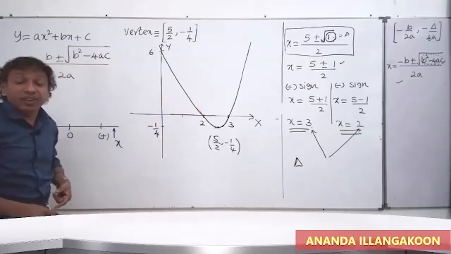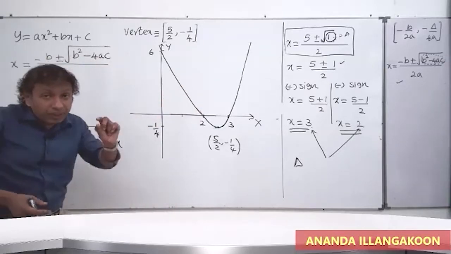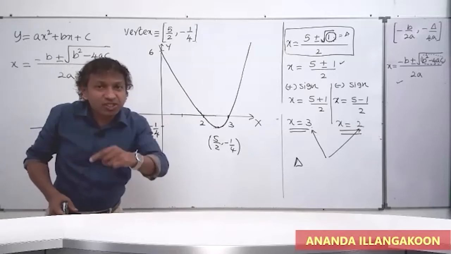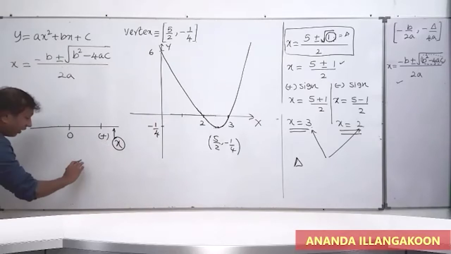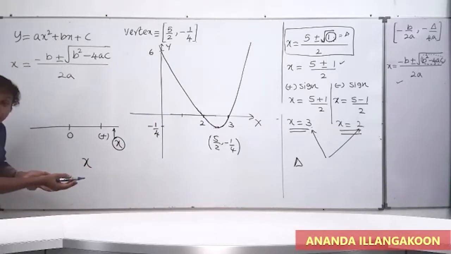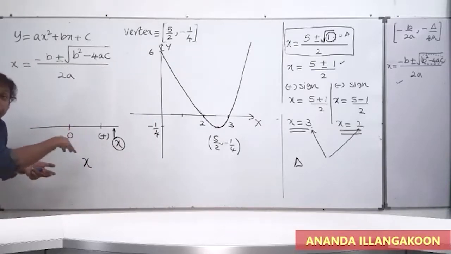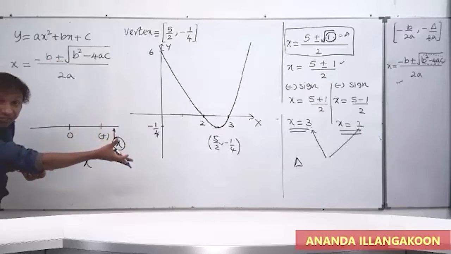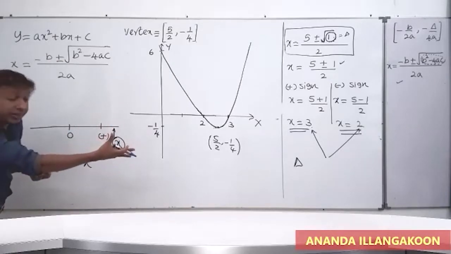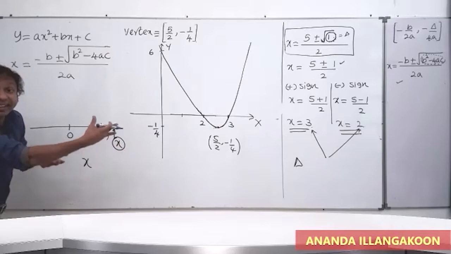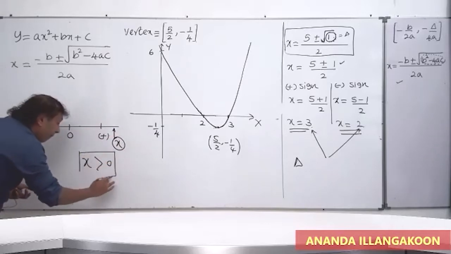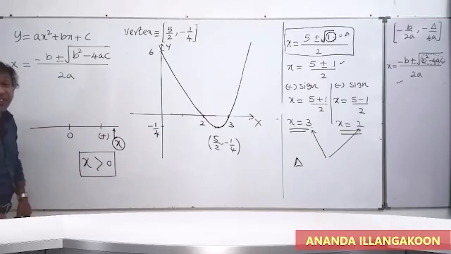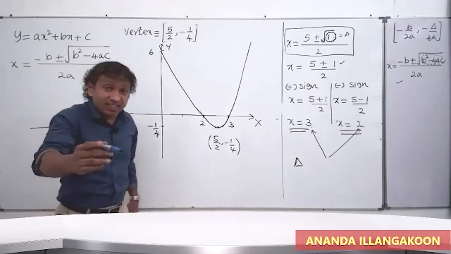So therefore, people, if we need to write that a particular real number is positive, what's the best method? The best method is, people, taking that real number as x. Since it is positive, it should lie on the right-hand side of 0. Any number on the right-hand side of 0 is greater than 0, so x greater than 0 is the way to say that x is positive.